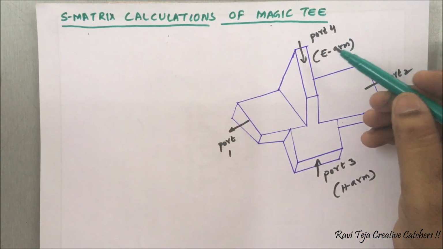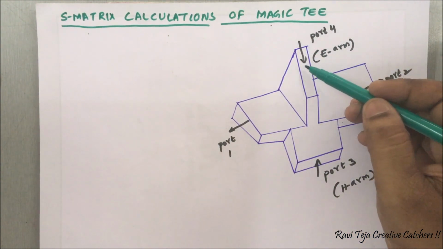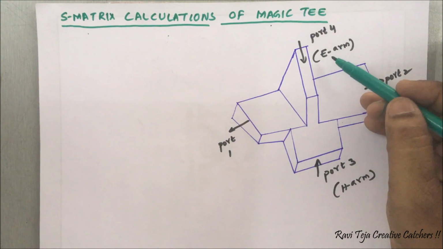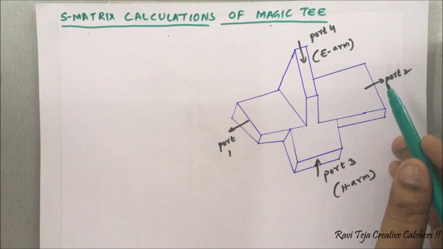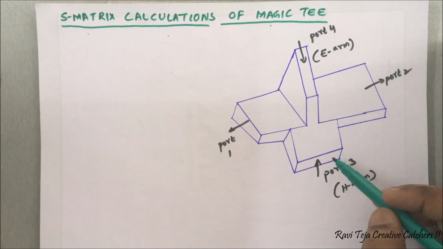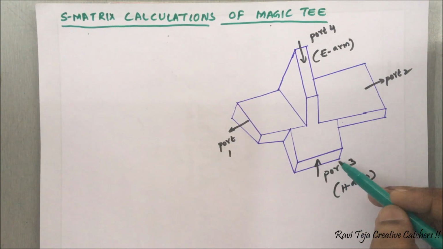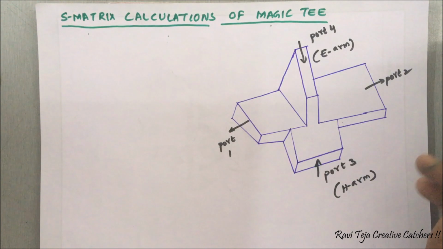Similarly, whenever the signal is passing through this particular port 4 or E arm, the signal will be distributed through port 1 and port 2 with 180 degrees of phase shift, and there won't be any signal propagating through port 3. This is how it works, and this is why it is called magic T.